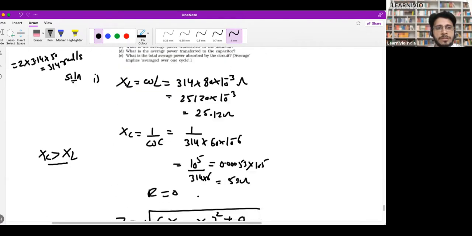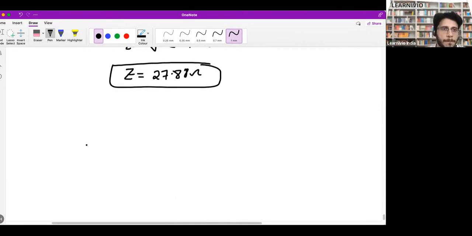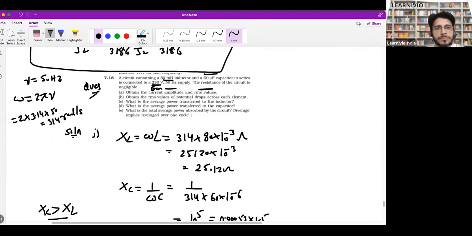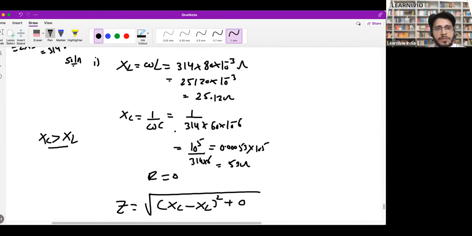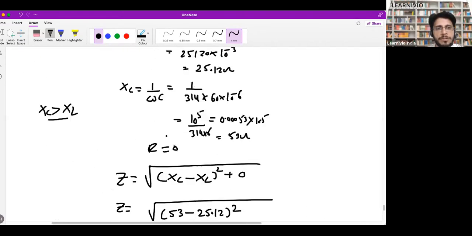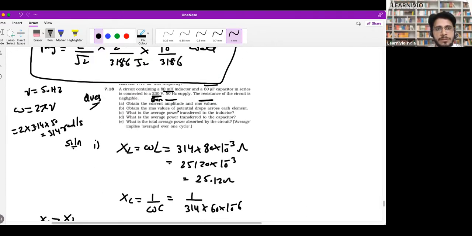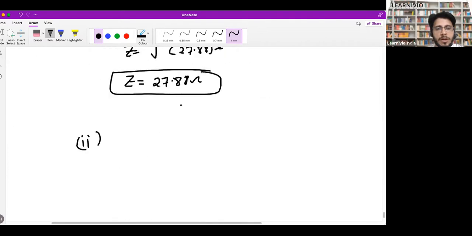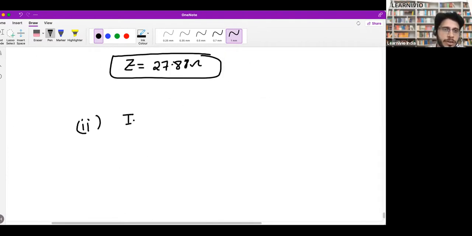After impedance, the next is: I have XL, I have impedance. After impedance, I need current amplitude. So I can calculate RMS value, which is the first part still not over.